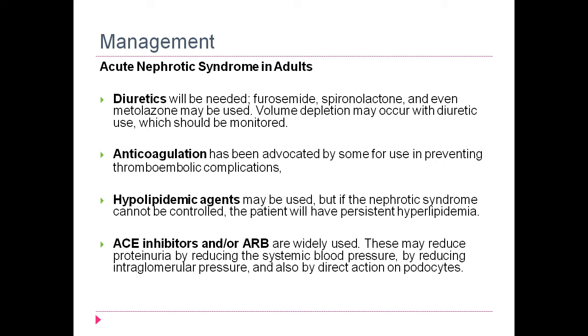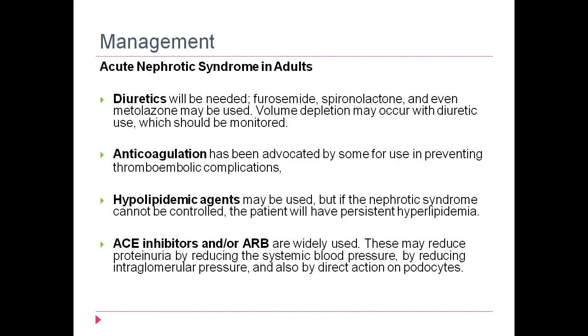When it comes to use of diuretics, we very much like to think, why not give diuretics, but then there is again risk of thrombosis, so it should be used very judiciously. You can give anticoagulants when there are already thromboembolic complications. Hypolipidemic agents may be used, but only if nephrotic syndrome cannot be controlled and there is persistent hyperlipidemia. Otherwise, usually steroids work.